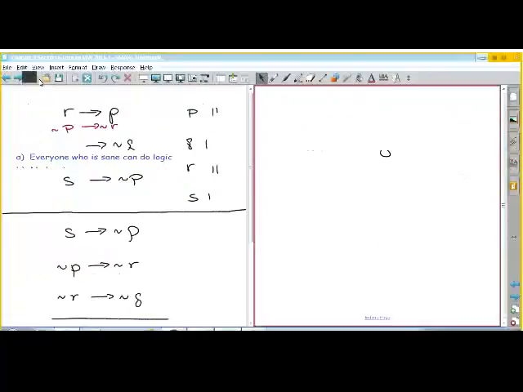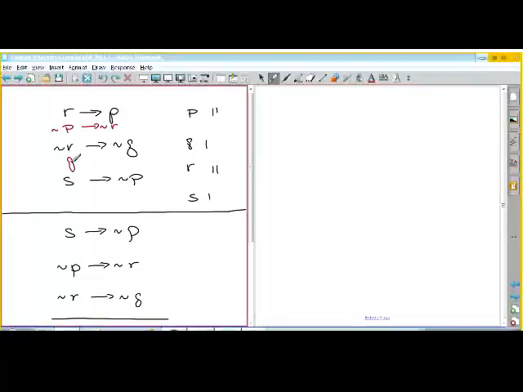So let's do the other one just to show you what the other equivalent would be. That would be to start with, if I took the contrapositive of this thing, I would switch Q and R. So Q would become the antecedent and R would become the consequent, and I would take the negations off.